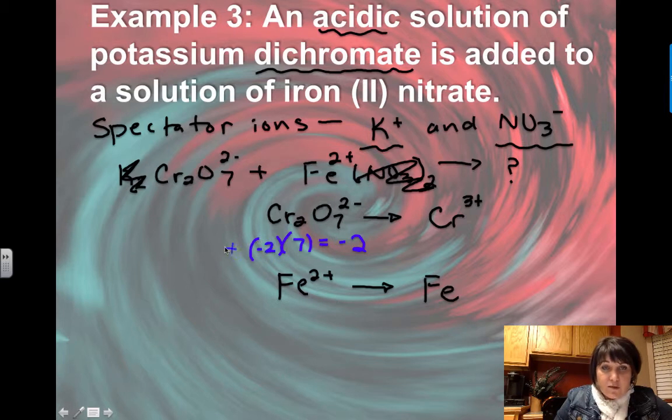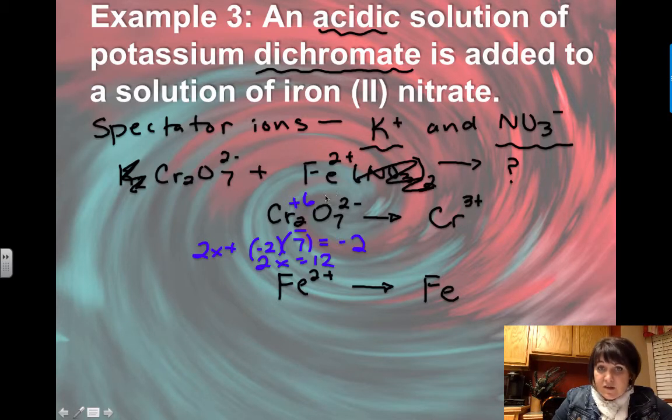And the chromium is what I don't know, but I do know that there are 2 of them in dichromate, so I'm going to call that 2x. Let's solve for x. 2x minus 14 is -2, so 2x equals 12. Therefore, each chromium is going to be a +6.